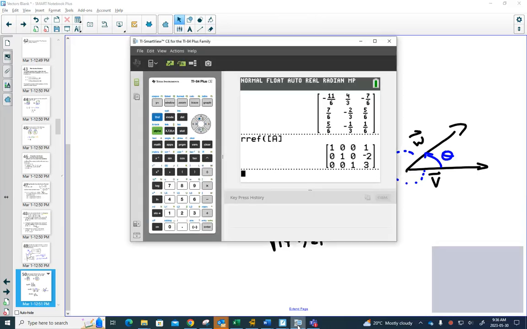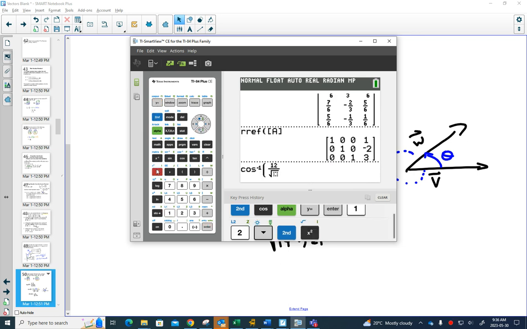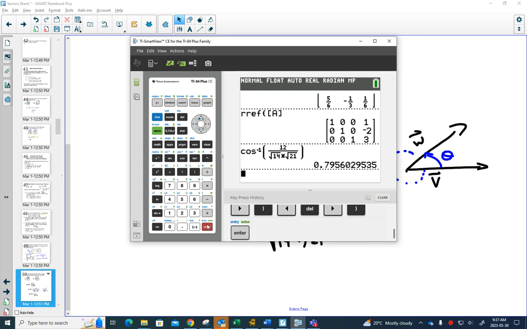So now I can go second cos inverse of 12 divided by square root of 14 times the square root of 21. Looks pretty good. And I get theta is 0.7956.